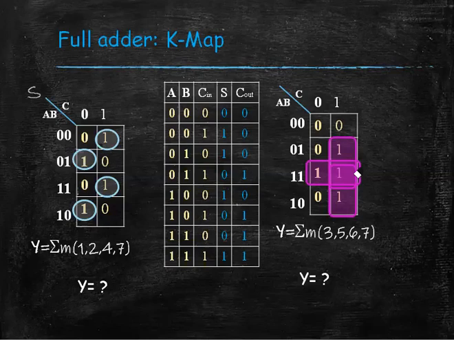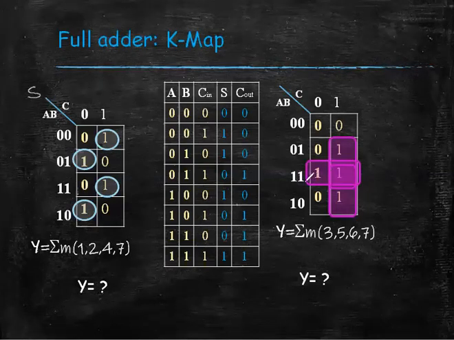Then in this pair C is eliminated, in this pair A is eliminated, and in this pair B is eliminated. Then there are 3 products, and in each one variable is removed. Then the result must be equal to the first one.